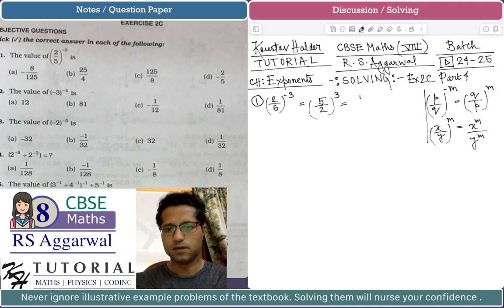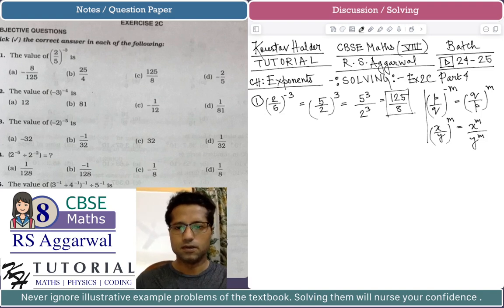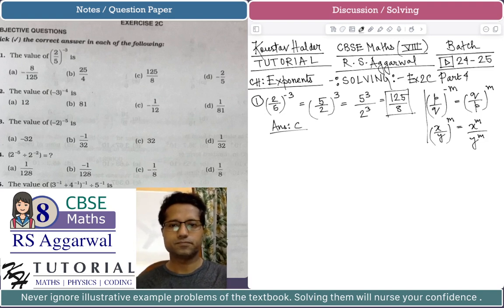So this will be 5 cube divided by 2 cube. This is 125 divided by 8, which is the value. So the answer is choice C.